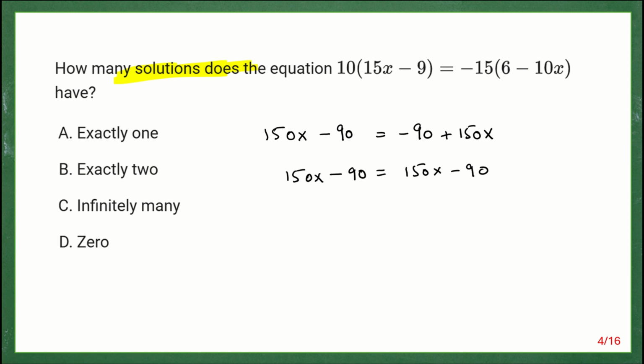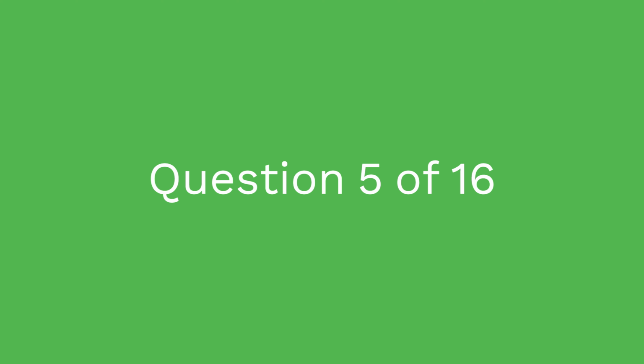Okay, so to figure out how many solutions this equation has, the correct answer will be infinitely many, because at any value of x, this equation is satisfied. So whenever we have identical expressions on the two sides of the equation, we have infinitely many solutions for this problem here.